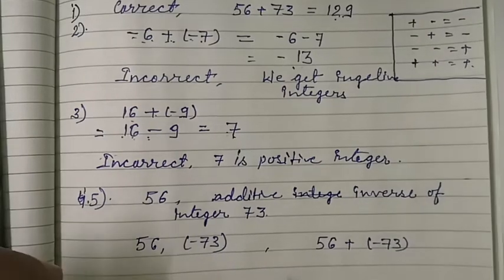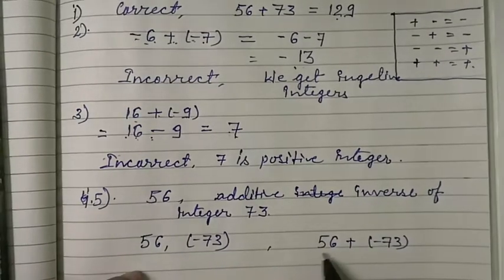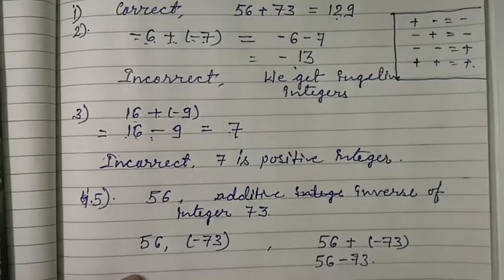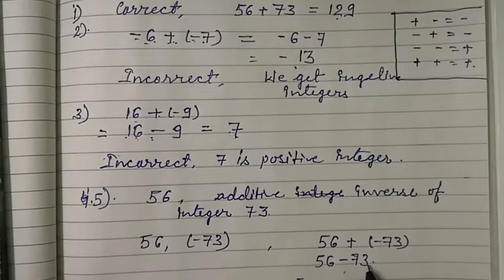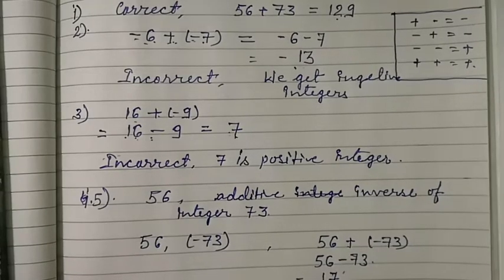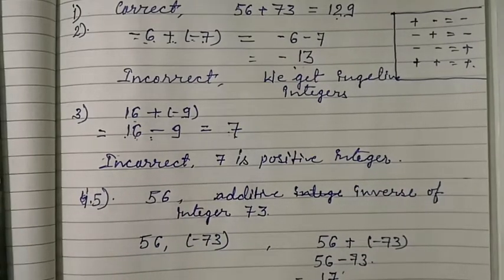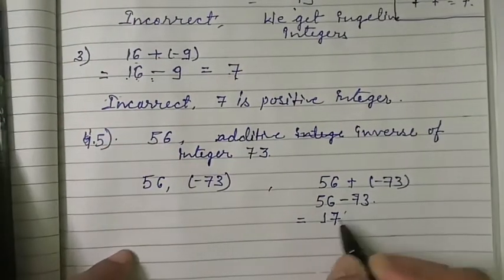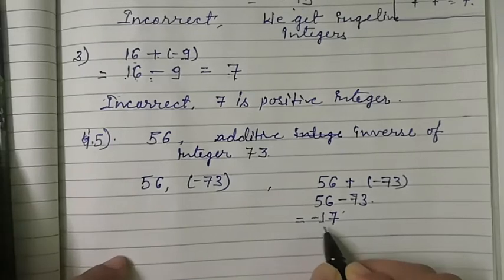subtracted. Is that being subtracted? Let's see, 56 plus minus 73. Yes, this is subtracted, and what we get, 56 minus 73, when we subtract 6 from 3 we get 7, and here 1, and the sign of 17 will be the sign of the greater number, minus, so minus 17 we get.